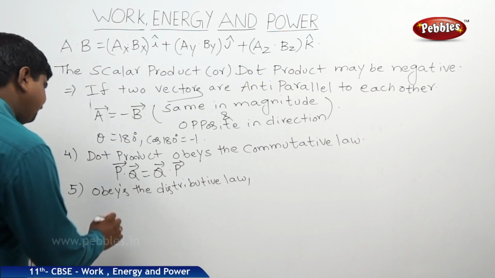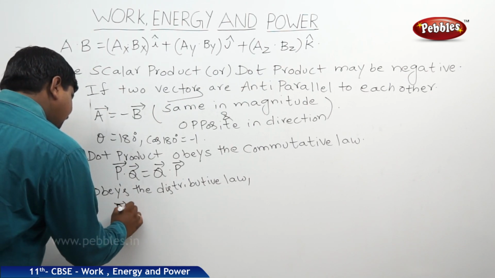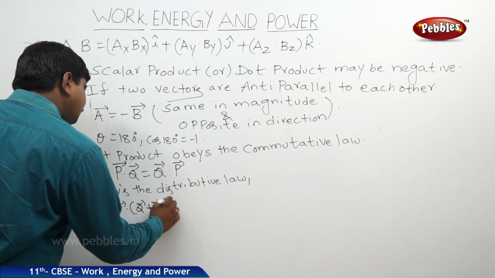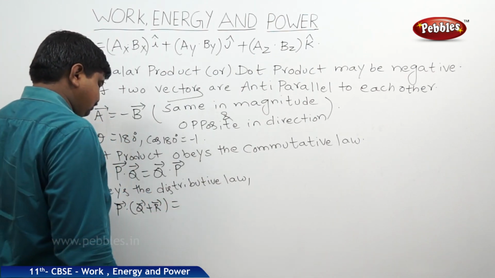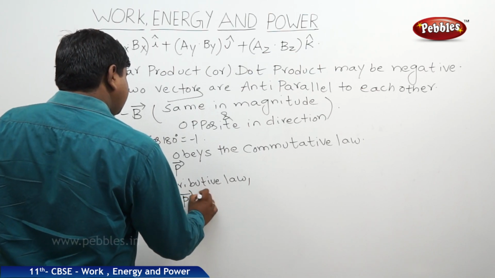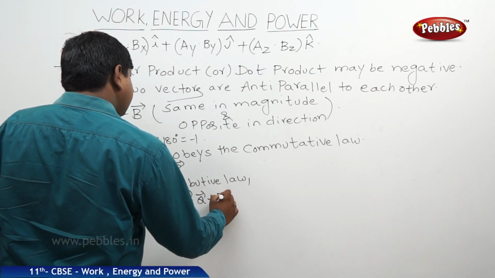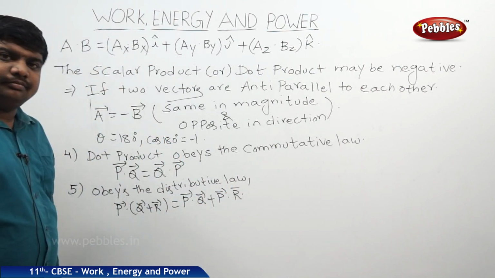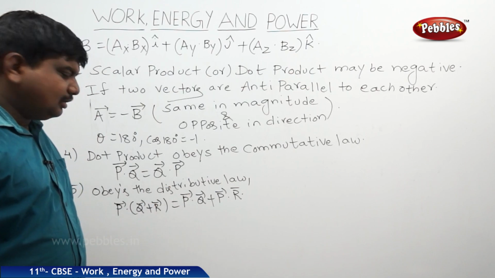So what is the distributive law? P bar dot (Q bar plus R bar) is equal to P bar dot Q bar plus P bar dot R bar. So this is called distributive.